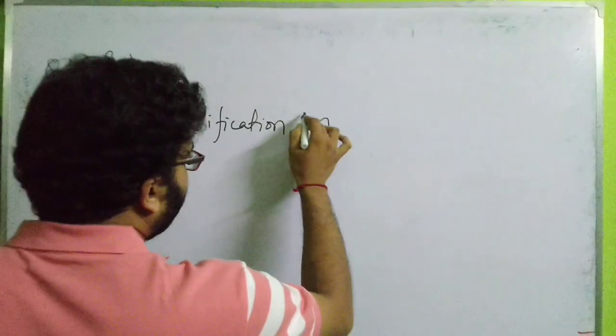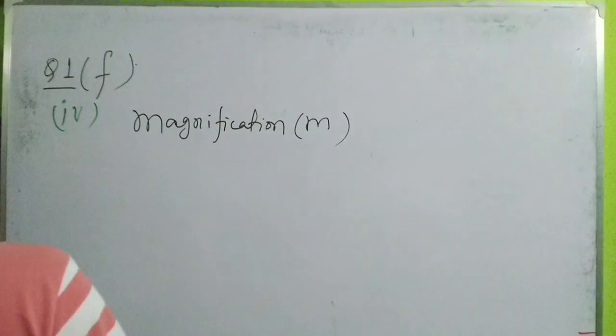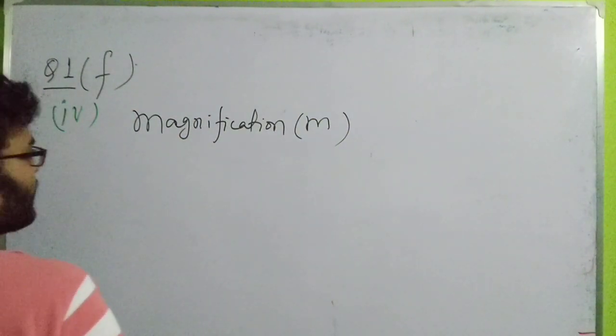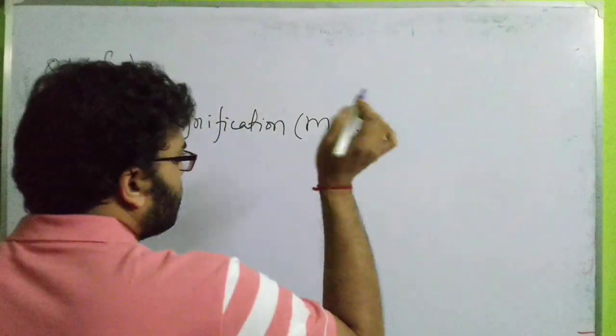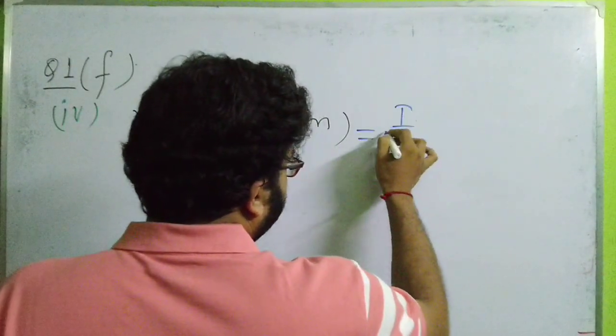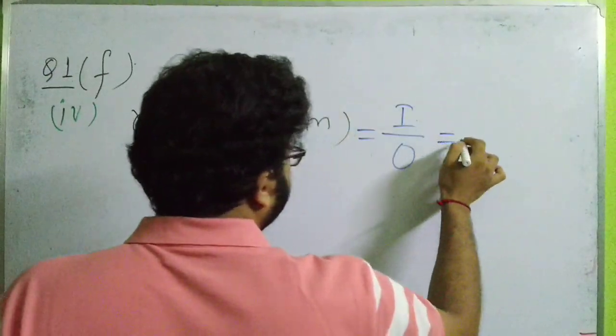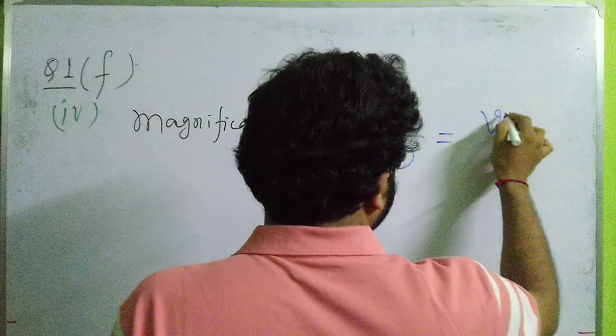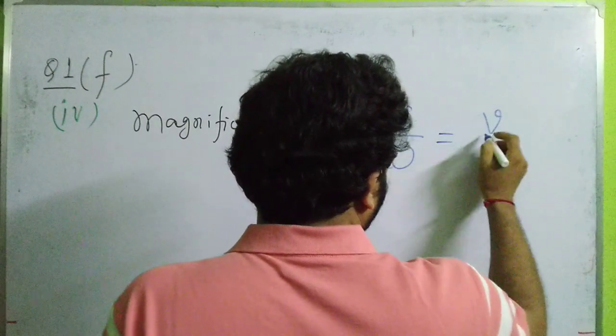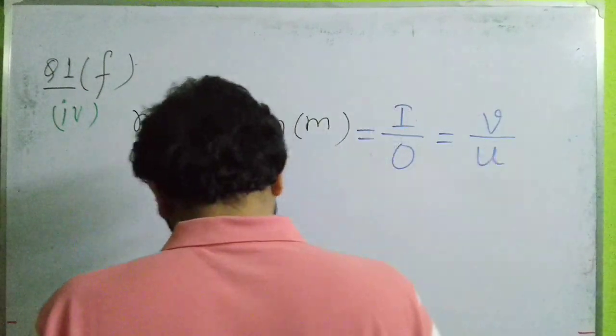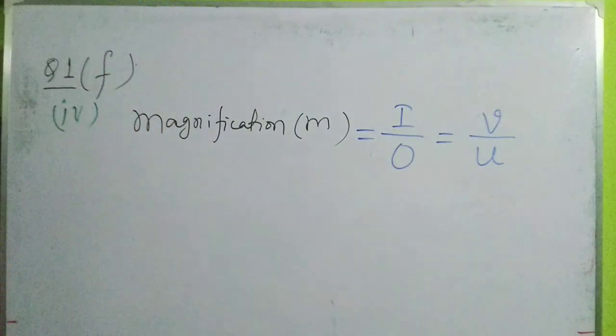Denoted by the letter M. Now magnification, there are two formulas. Either it can be taken as image height by object height, or it can be taken as image distance by object distance with proper sign.